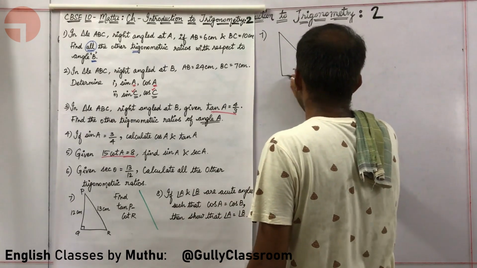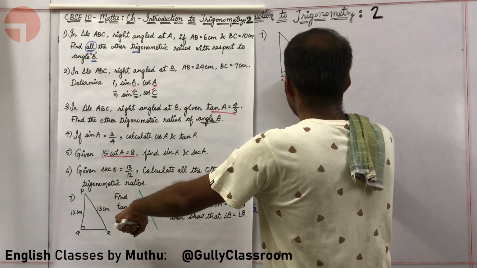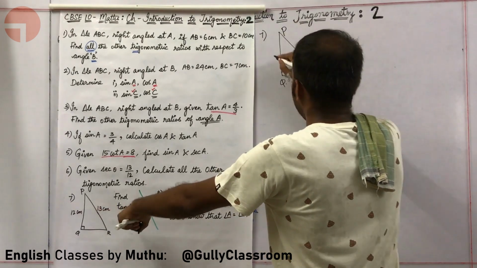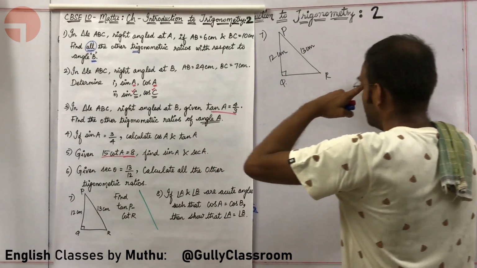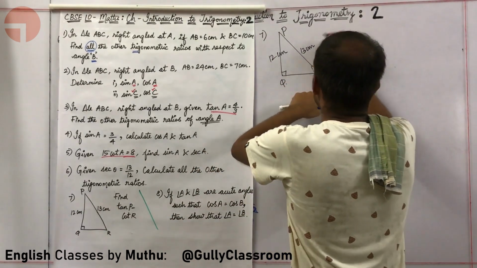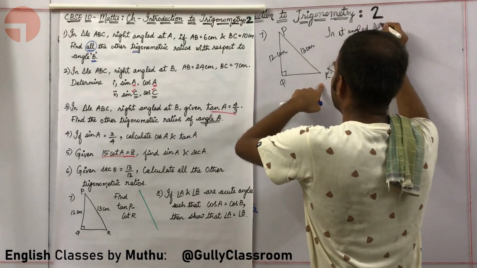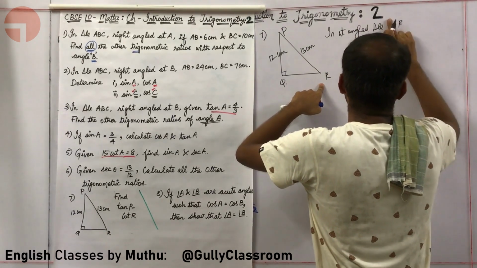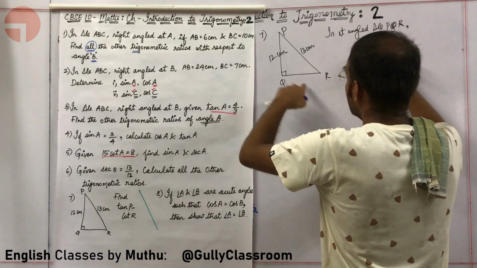Let us draw the same diagram. Here this is going to be a right angle, this is going to be R, this is going to be Q, this is going to be P, this is going to be 12 centimeters, this is going to be 13 centimeters. Fine, I need to find QR. How? In right angled triangle PQR, what is happening?